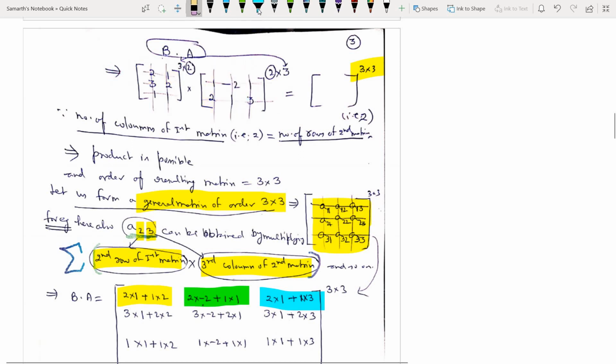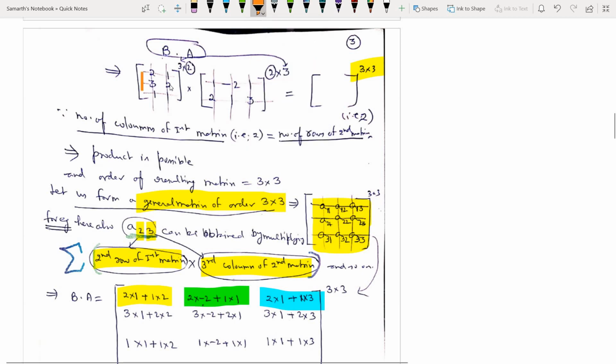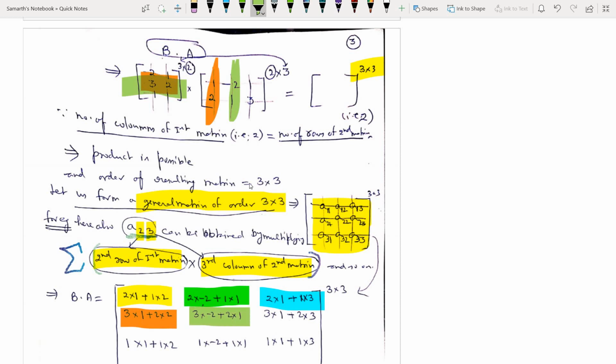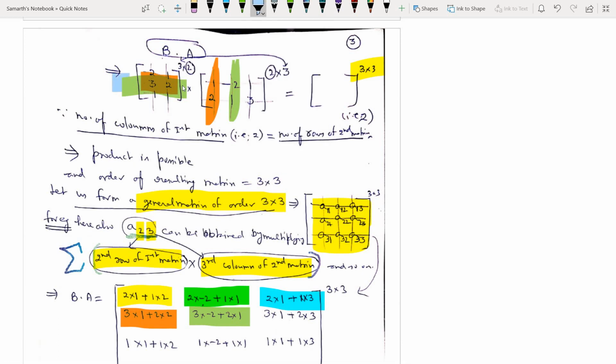Similarly, A21 means the second row of the first matrix, that is 3 and 2, multiplied by the first column of the second matrix. So we will get the value of this element. Similarly, A22, second row of the first matrix multiplied by the second column of the second matrix. Similarly, A23 means the second row of the first matrix multiplied by the third column of the second matrix, that is 3 2 multiplied by 1 and 3.